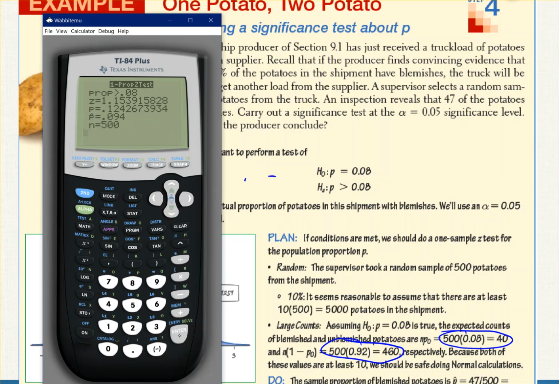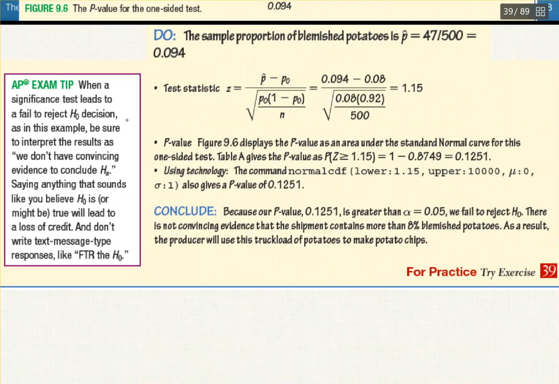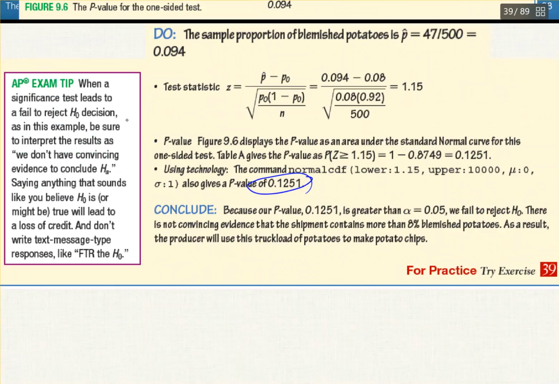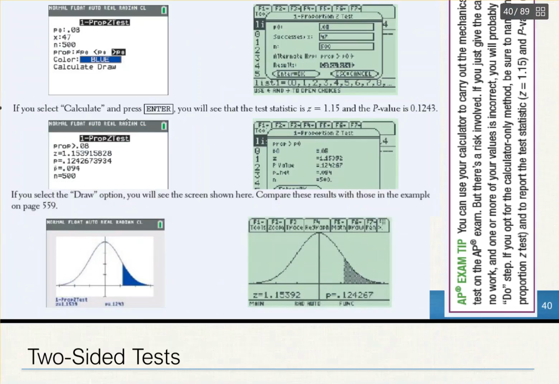We calculate. Notice we get our p-value of 0.124, and that's basically what we got. Again, it's off by a little bit of rounding here, but that's just because that 1.15 is not an exact answer and everything like that. So kind of nifty. Nice quick way of doing it on our calculator.